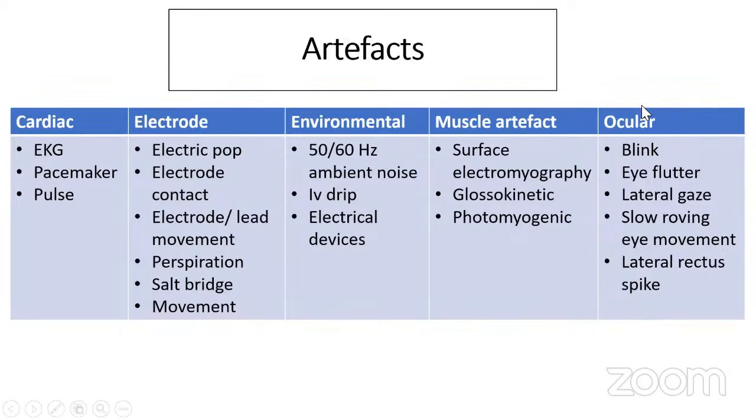These are patient related, but external to the brain. And then we also have environmental artifacts, meaning a sudden tapping or electrical devices nearby, ambient noise. These all are environmental artifacts.